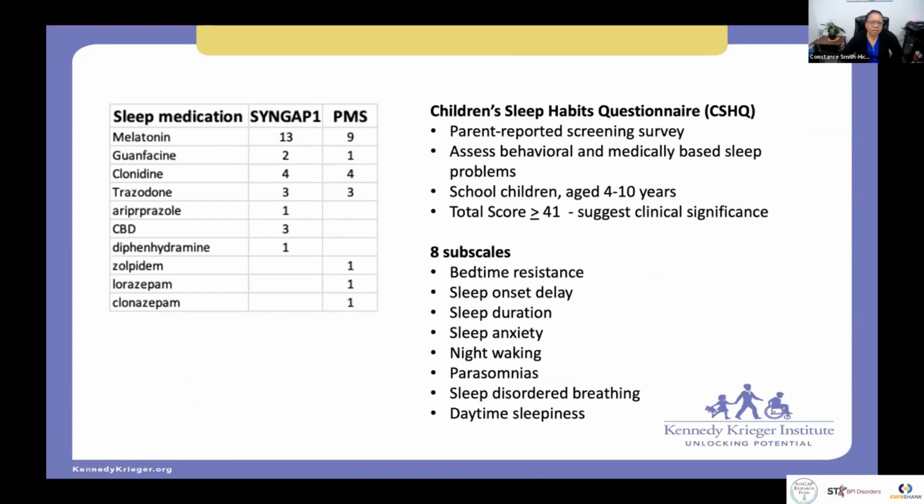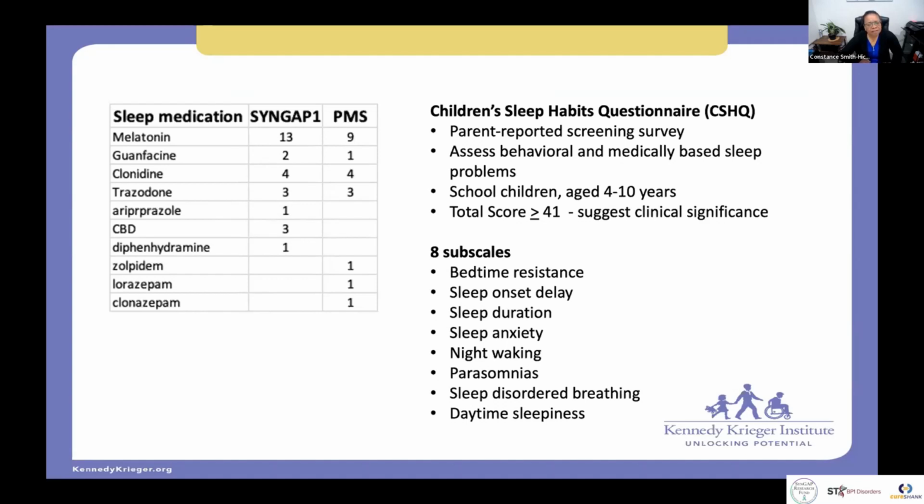We used the Children's Sleep Habits Questionnaire to evaluate the sleep profile. This is a parent-reported screening measure, and it evaluates behavior or sleep difficulties that are both behaviorally mediated as well as medically mediated.